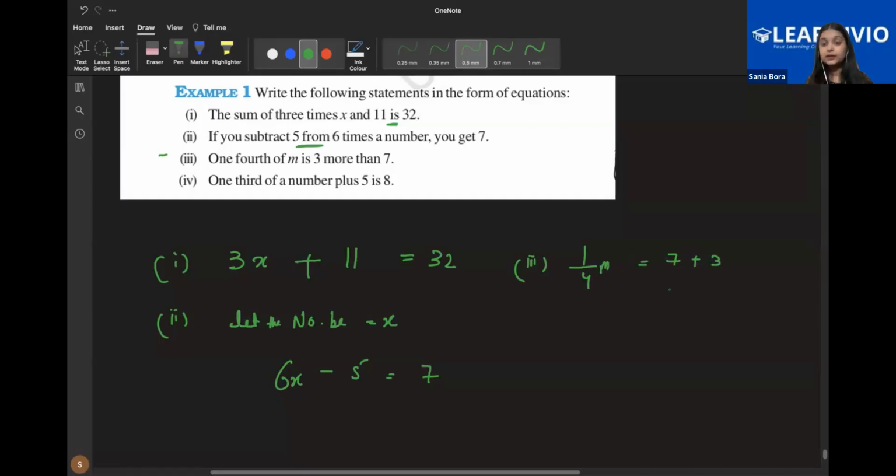So now we cannot write it like this on the equals. No, you don't write it like this, we write it like this. 1/4m minus 7, like this.